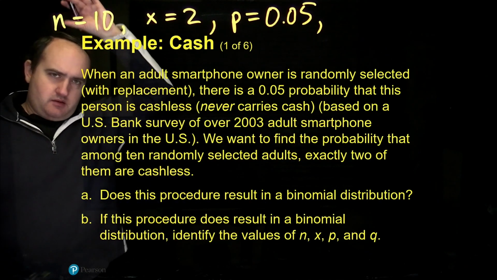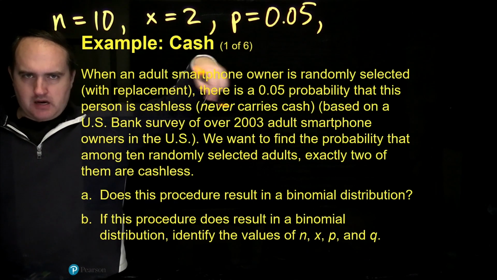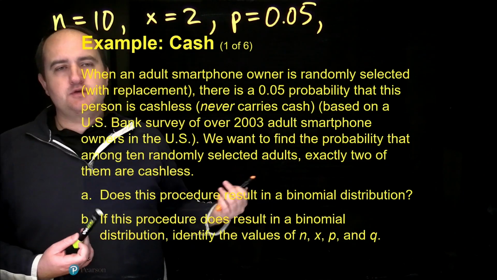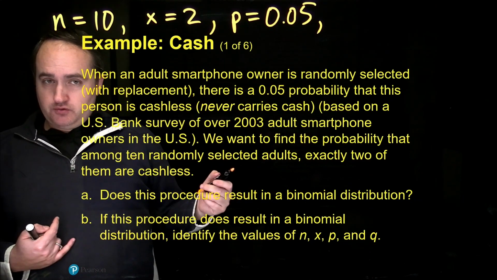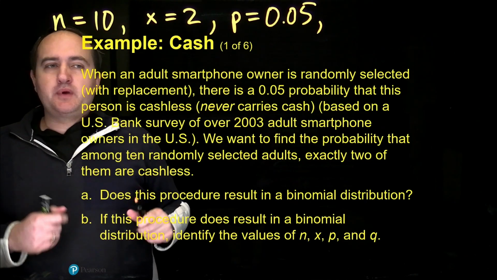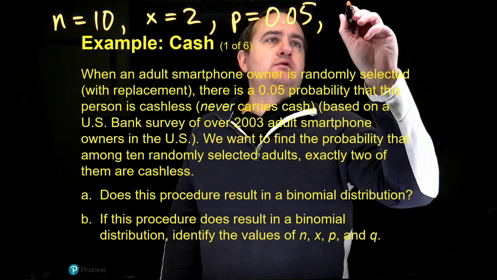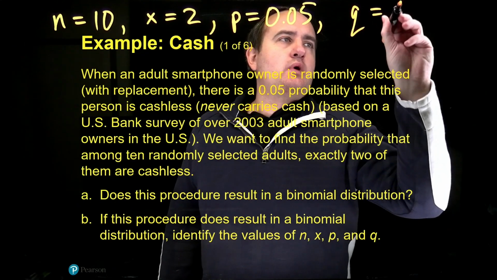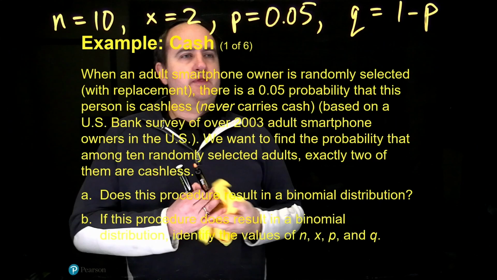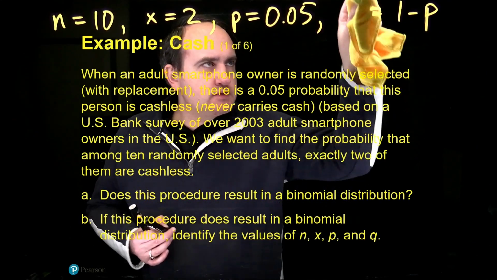All right, and then the only part of this problem that involves any math is Q. So how do you find Q? Well, we said that Q is the probability of a failure. So that's actually from the complement rule. We know that Q equals 1 minus P. Let me just write that one more time.